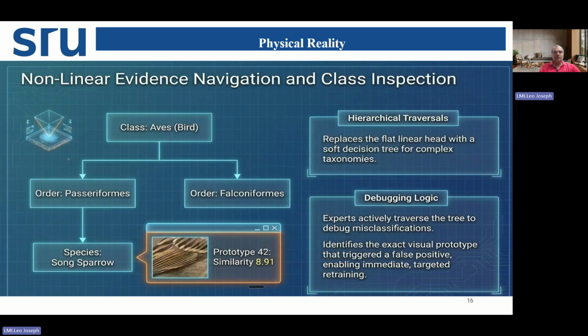Okay. So here, this is the nonlinear evidence order. You can see here the prototype similarity is 8.91. So it replaces the flat linear head with a soft decision tree; we are eliminating that. So the exact visual prototype triggered a false positive, enabling immediate targeted retraining.